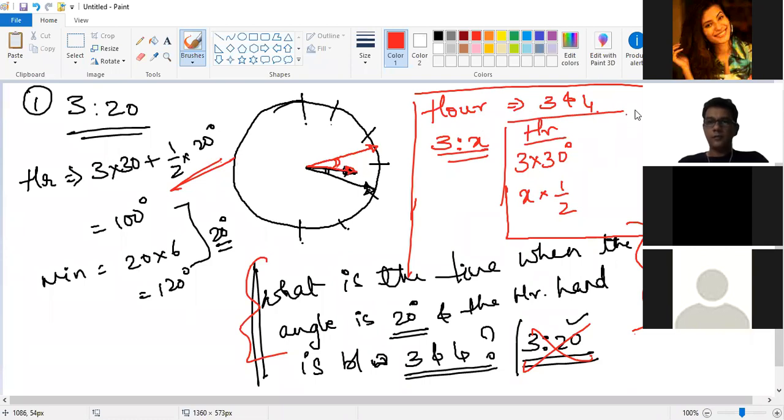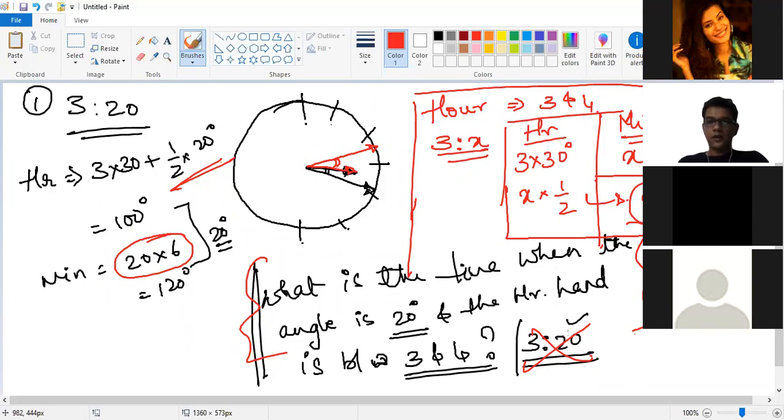Now let's look at the journey made by the minute hand. The minute hand's journey is only x minutes, so x into 6, which is 6x. Whereas the hour hand's journey is completely 90 plus x by 2.